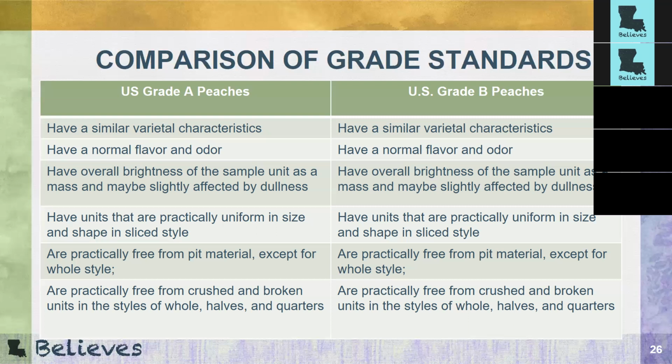And then I finally found a difference between grade A and grade B. They must score 90 points on the scoring system used by USDA. The grade B peaches must be reasonably free from defects. Grade B peaches may include mixed pieces of irregular sizes and shapes, and they must score 80 points on the scoring system.